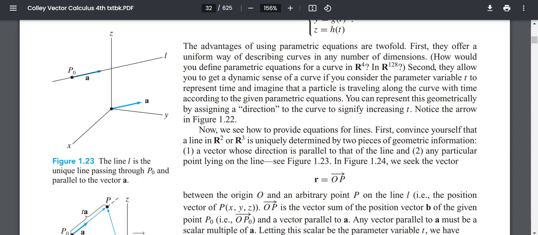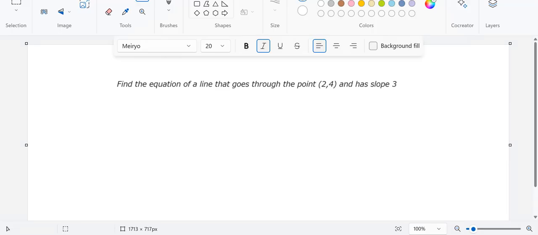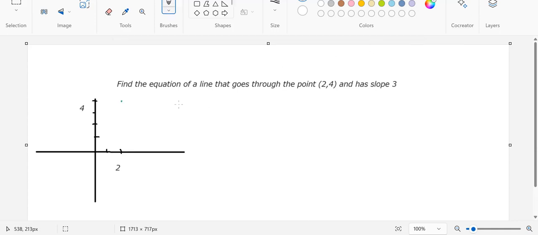Let's go back and think about this question, which we've done when we were like 10 years old or even younger than that. Find the equation of a line that goes through the point (2, 4) and has slope 3. So how do we do that? That means we want the equation of the line that goes through this point here, (2, 4), and has a slope of 3, which I'll just try and draw something like that.